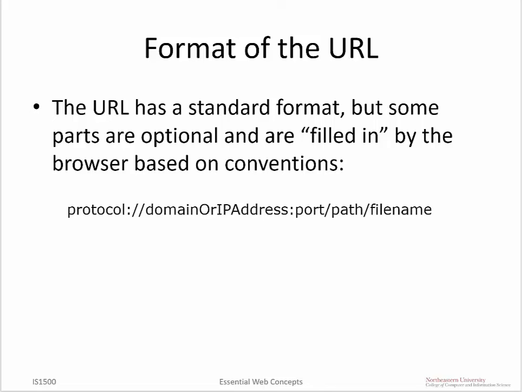Then a domain name or the IP address of the computer from which you wish to retrieve the document, followed by a colon, followed by the port number, which is kind of like a message box, or a room number, if you will, indicating which web server on that computer you wish to communicate with, just in case it runs more than one. Followed by a forward slash, the path to the folder that contains the document you're looking for, followed by a slash, and then followed by the file name itself.